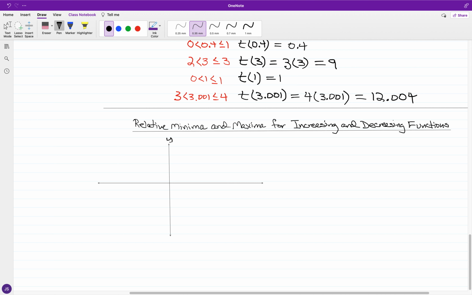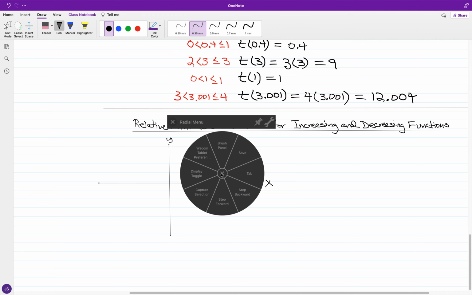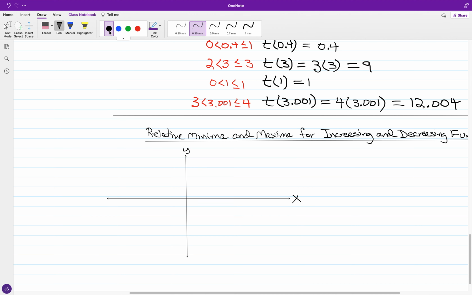Again, so you have the y-axis and the x-axis. And so we have among the points, again, not drawn according to scale, let's say we have -1 and 0.5.